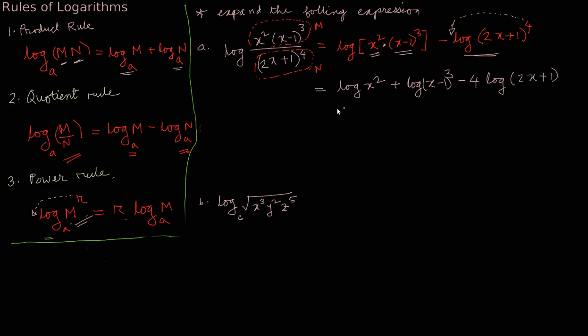Similarly here I have a power 2, so that power 2 is going to come to the front, so it is going to be 2 logarithm of x plus, and that power 3 is going to come to the front, so it is going to be 3 logarithm of (x minus 1), and then minus 4 logarithm of (2x plus 1), because I cannot expand this term anymore.